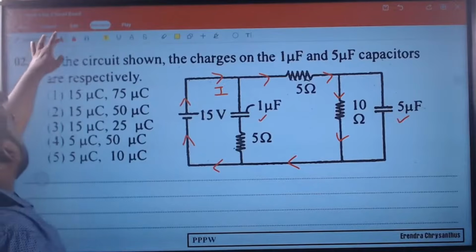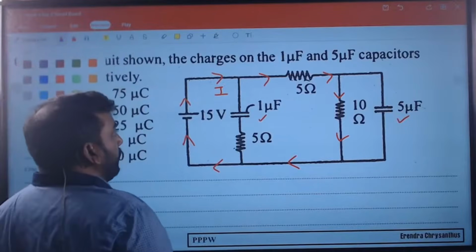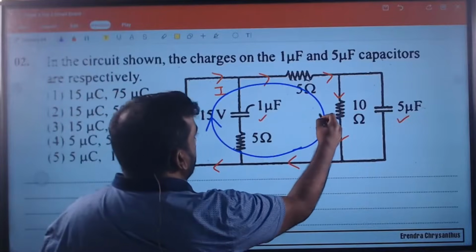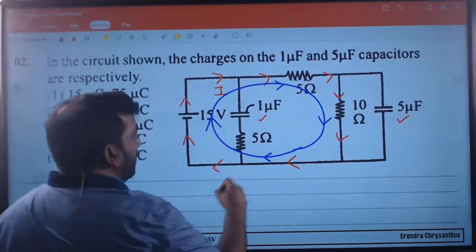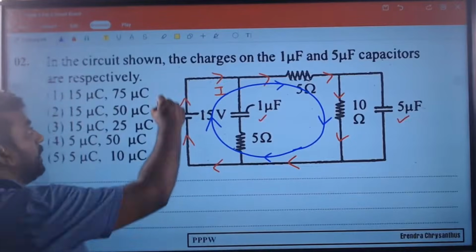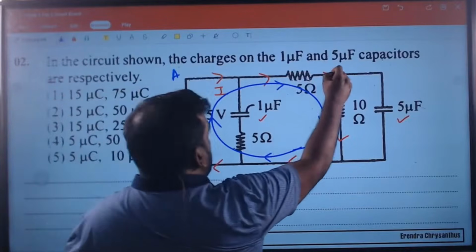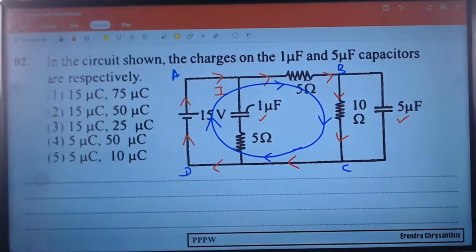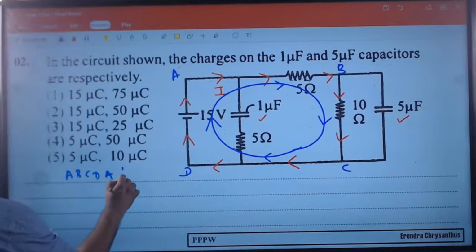If you apply Kirchhoff's law for this complete loop, I will name it A, B, C, D. So the A, B, C, D, A loop.